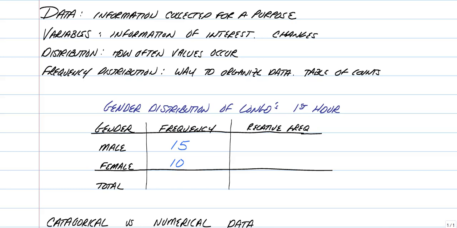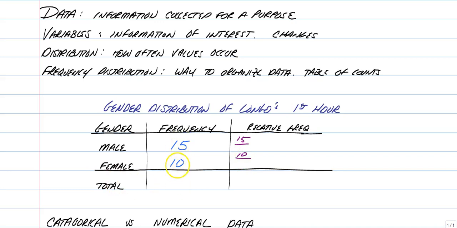Now, your relative frequency, you would think of along the lines of almost like a percentage. What's the probability that you select a male? To do that, all you have to do is take the number of males and the number of females, and divide each by the total number of students in that class.